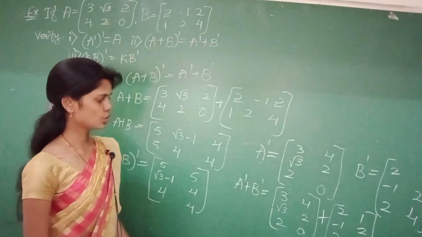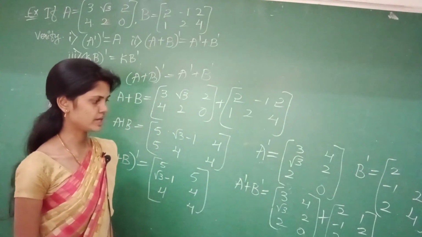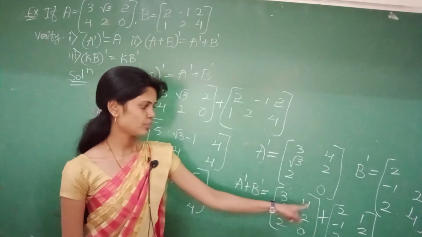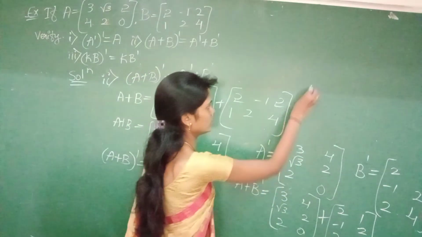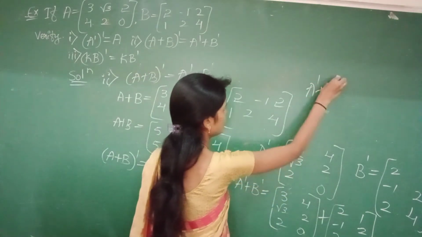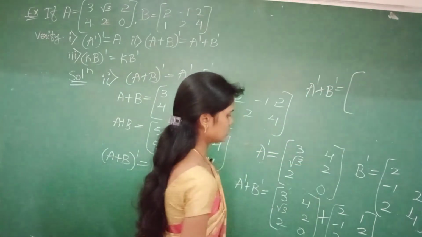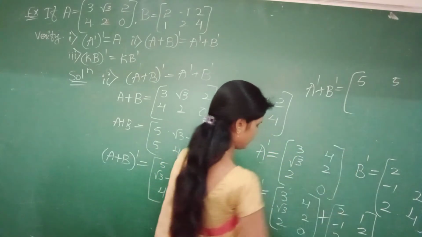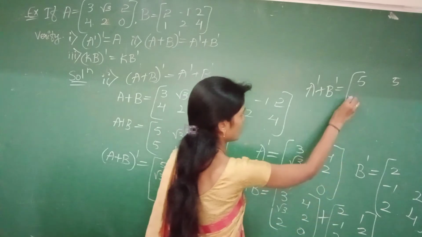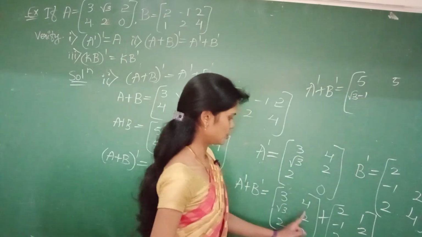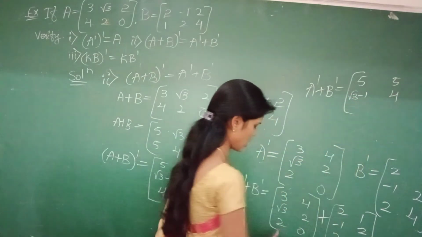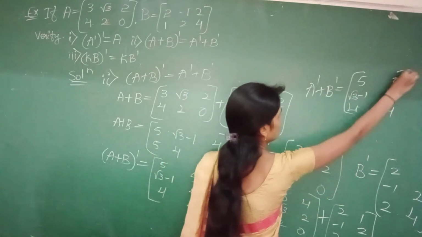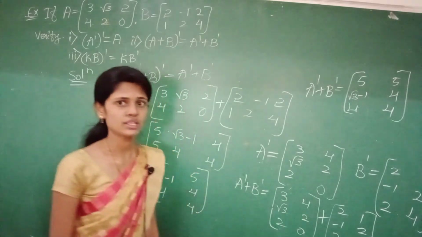So if you add those two, A' + B', see here, 3 plus 2 is 5, 4 plus 1 is 5, root 3 minus 1, 2 plus 2 it is 4, 2 plus 2 it is 4, 0 plus 4 it is 4. So this is our A' + B'.